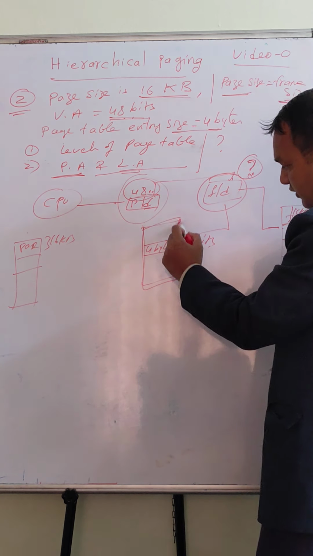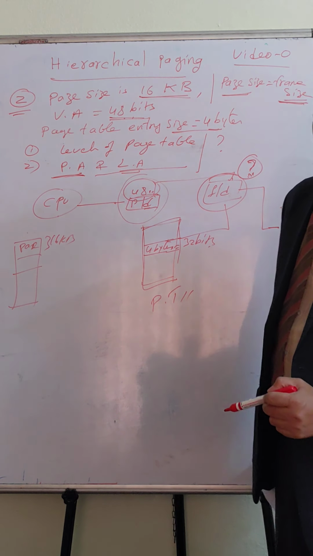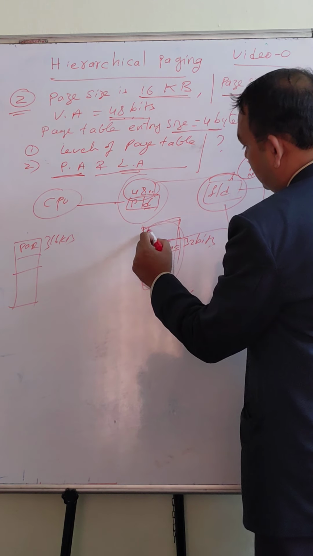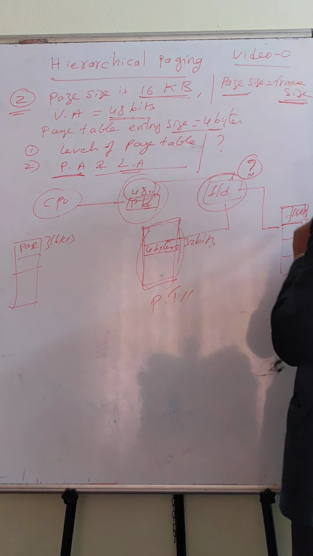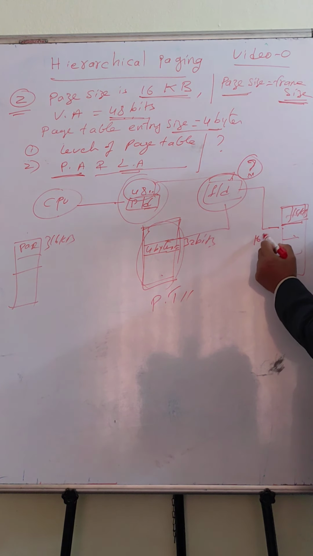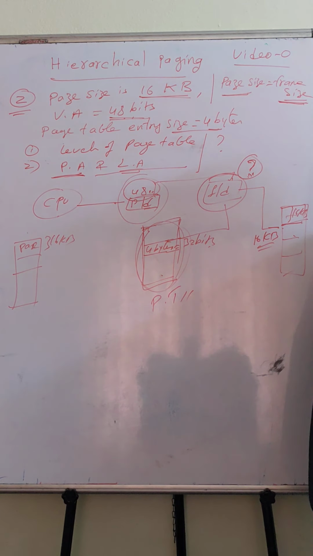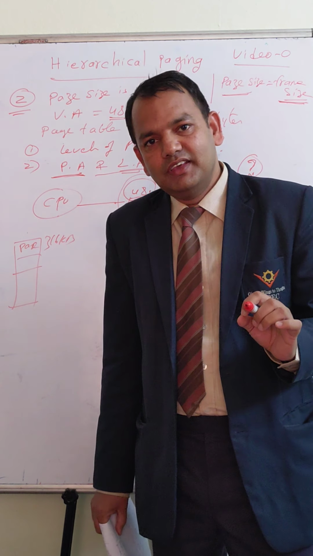What is the size of the page table? We need to calculate it. This page table has to fit in one frame. The frame size here is 16 KB. So the page table size should be less than 16 KB.